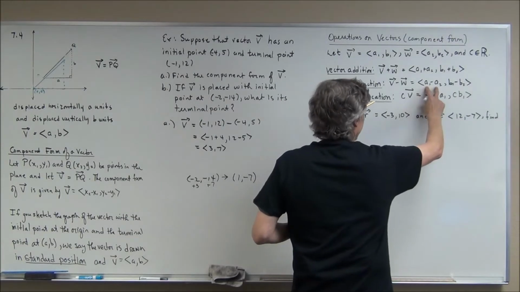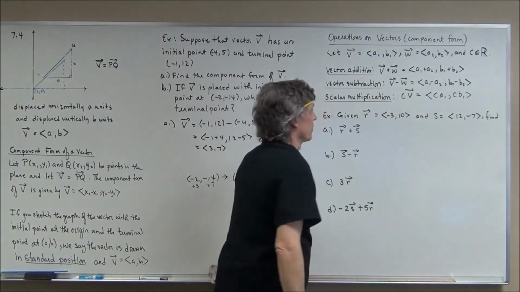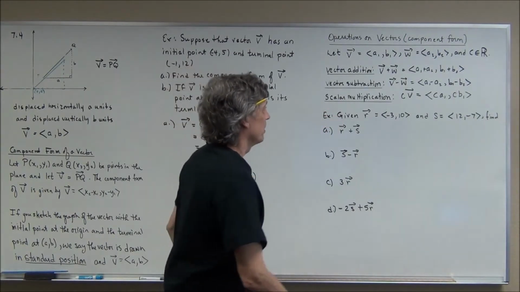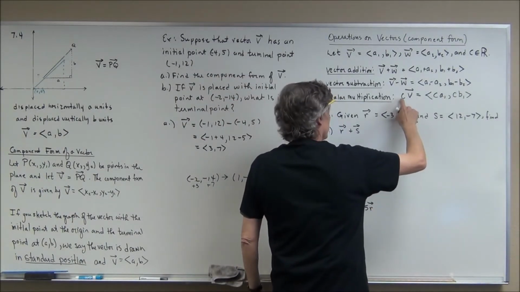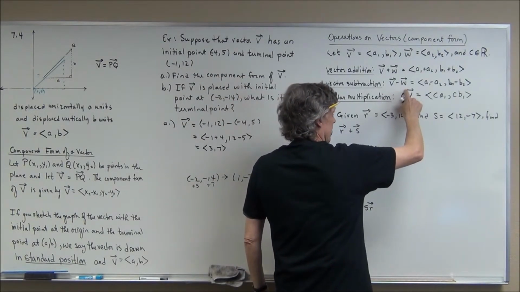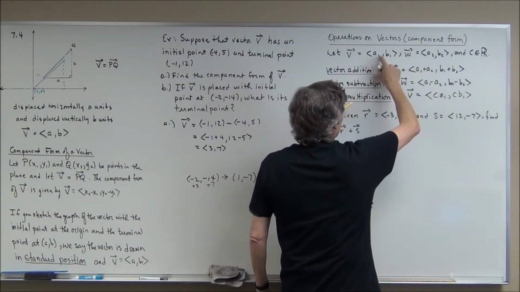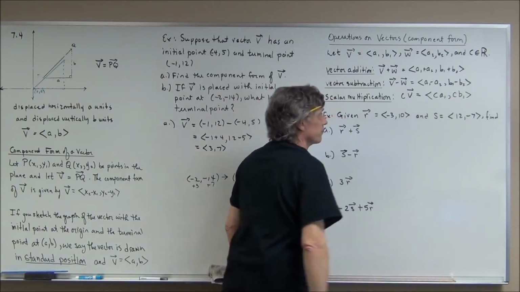Subtraction, you're just subtracting the horizontal and the vertical components respectively. And for scalar multiplication, even simpler, it's as if you're distributing this constant c, which is not part of the vector, throughout the vector by multiplying it times both of the components there.